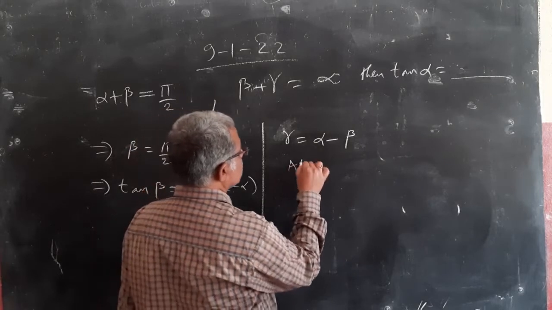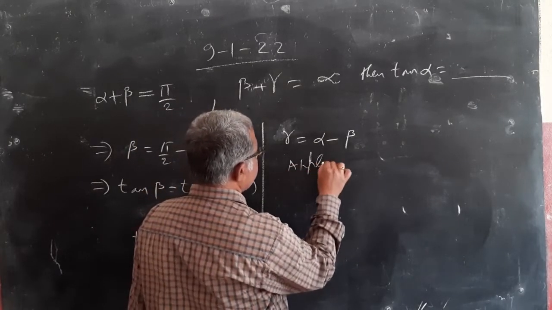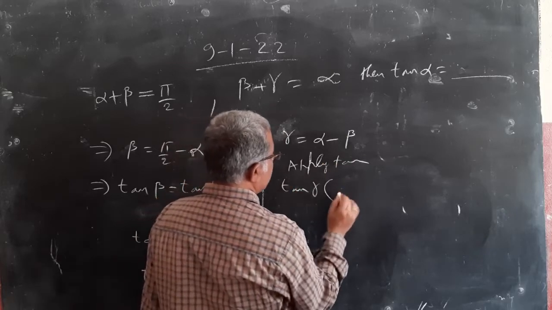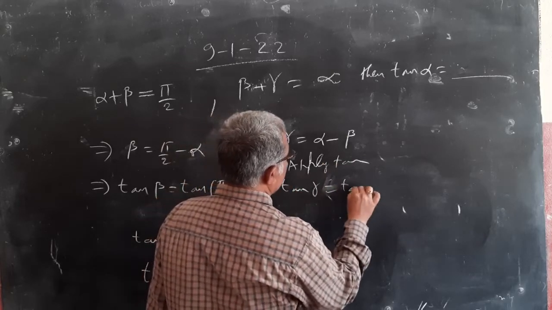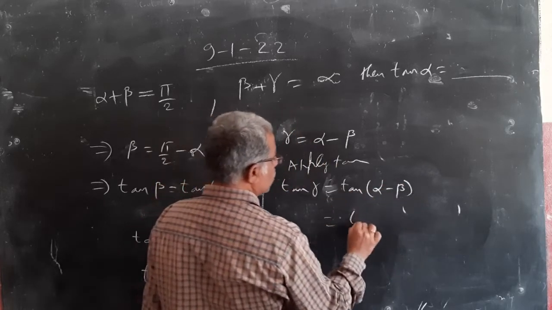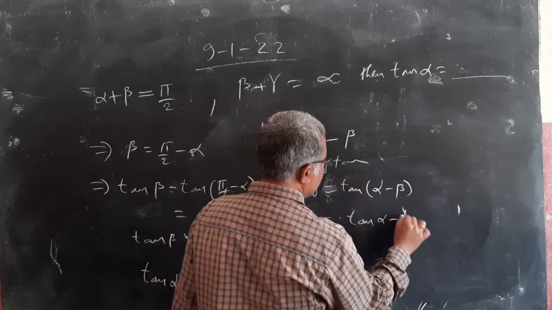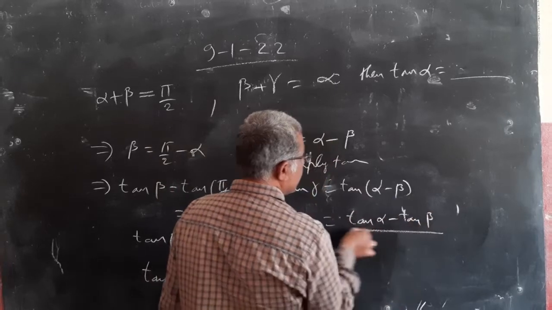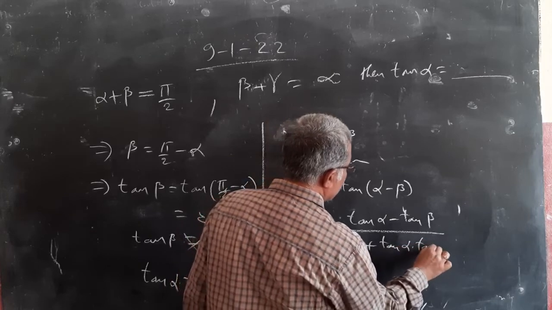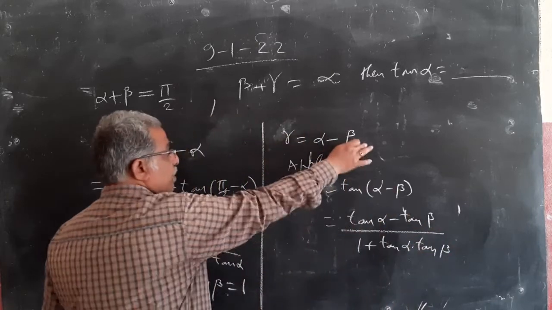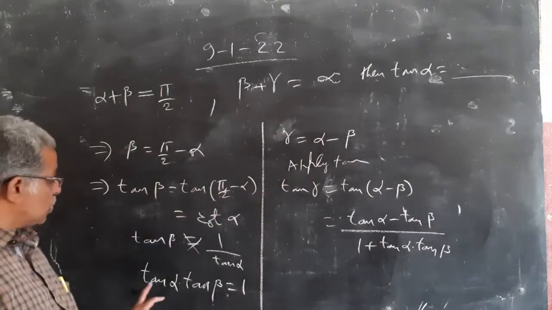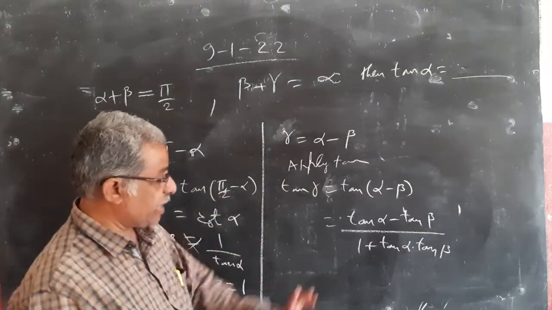So tan gamma equals tan of alpha minus beta, which is tan alpha minus tan beta by 1 plus tan alpha tan beta. Why I am bringing beta to this side is, I am getting tan alpha tan beta, so that I can use this tan alpha tan beta value there.